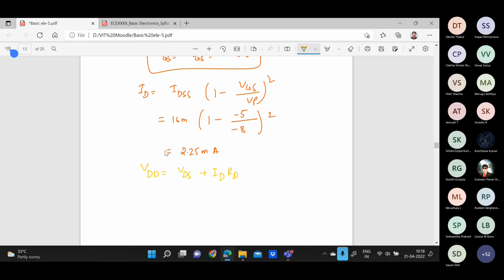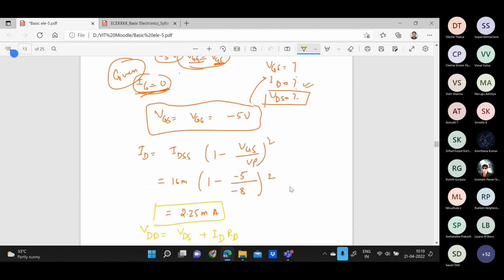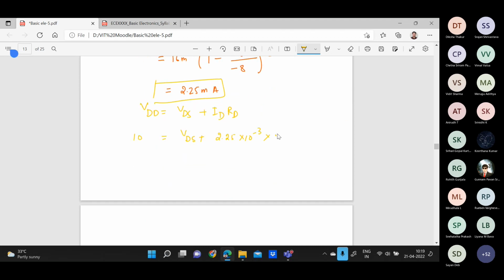You know the value of ID, right? And we know the value of VDD. What is the VDD value? It's 10 volts. VDS we have to find out, plus ID we calculated is 2.25 into 10 raised to power minus 3, and RD is what? 2.2 kilo ohm. So it's 2.2 into 10 raised to power 3.